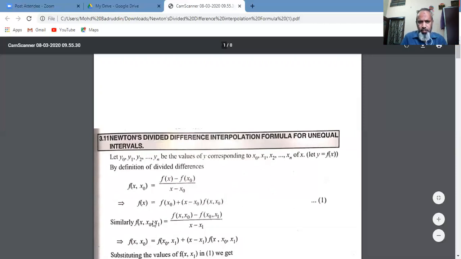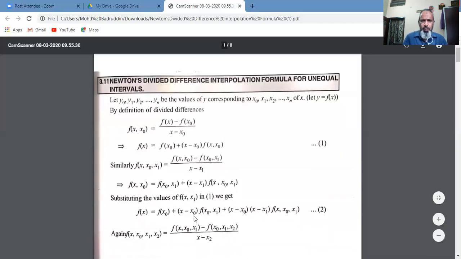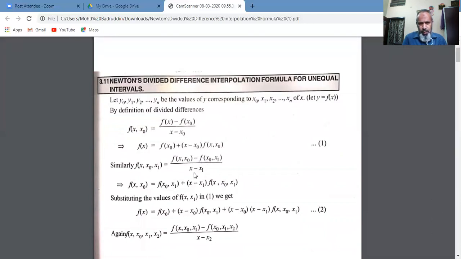Similarly, what is the second order divided difference? f(x, x0, x1). We are taking three values of x. So this is equal to [f(x, x0) − f(x0, x1)] / (x − x1). So this is the second order divided difference. Next, similarly, we can write f(x, x0) = f(x0, x1) + (x − x1) f(x, x0, x1), by cross multiplication and simplification.